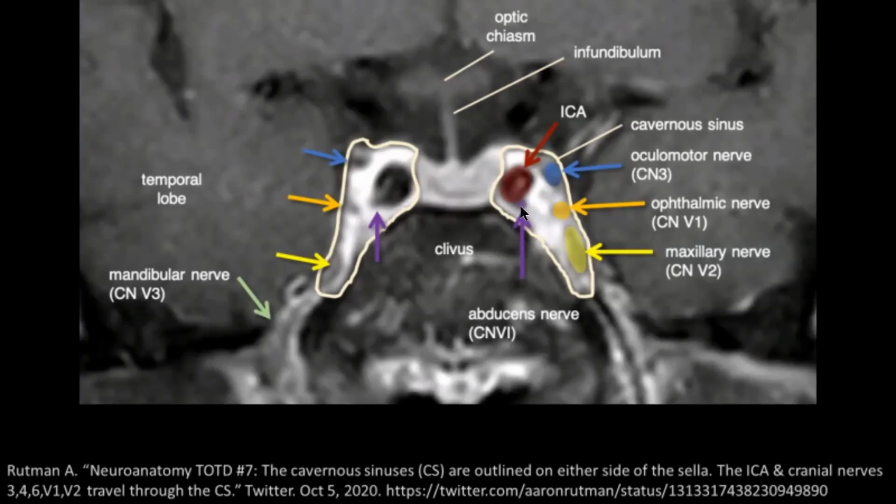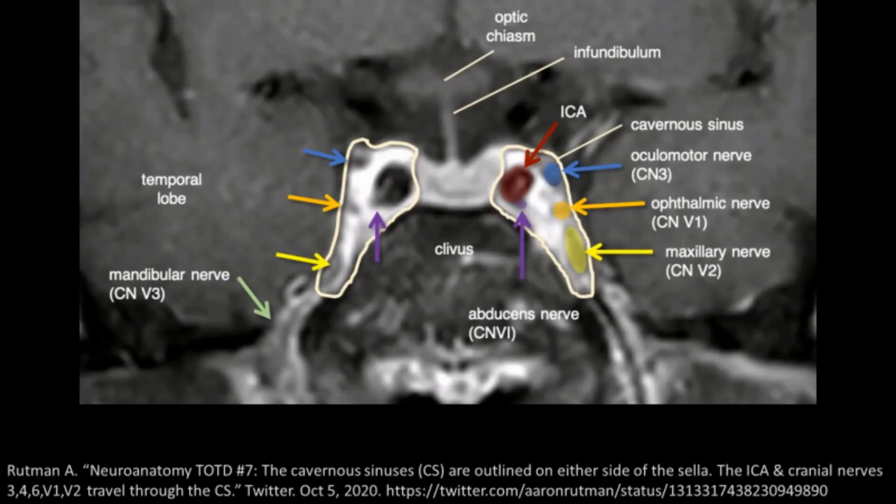And then the sixth nerve is often visible, but it is located more medially, adjacent to the carotid artery. So these are the cranial nerves that course through the cavernous sinus. And you should know that the most round and robust one, located at the superolateral quadrant, is the third cranial nerve.